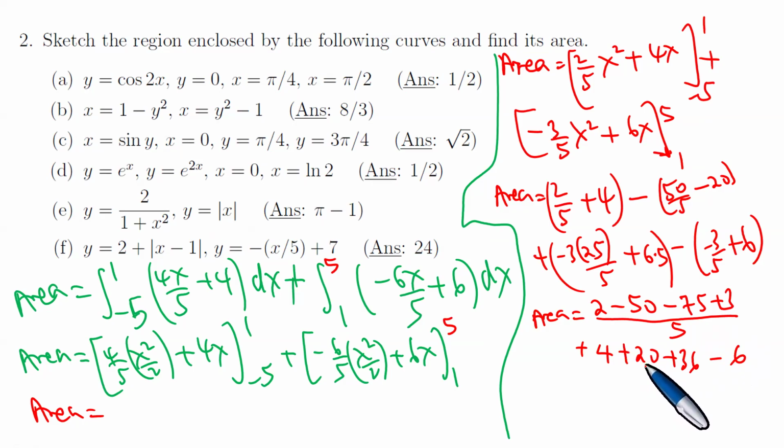4 plus 20 plus 30 plus 30 minus 6. So the area becomes, okay, let's use a calculator to save time, but you still can do without it.